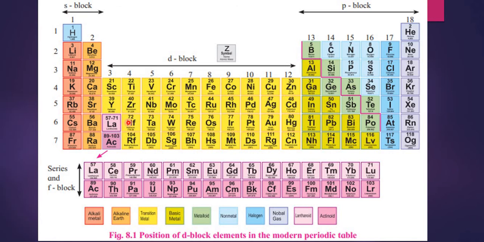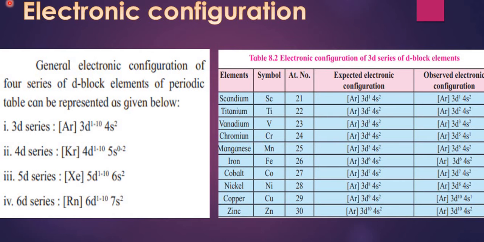This is the 4d, 5d and 6d series. These two elements are discussed later in the videos, which form an inner transition series. So basically this is the position of transition elements, situated in between the s block elements and p block elements.